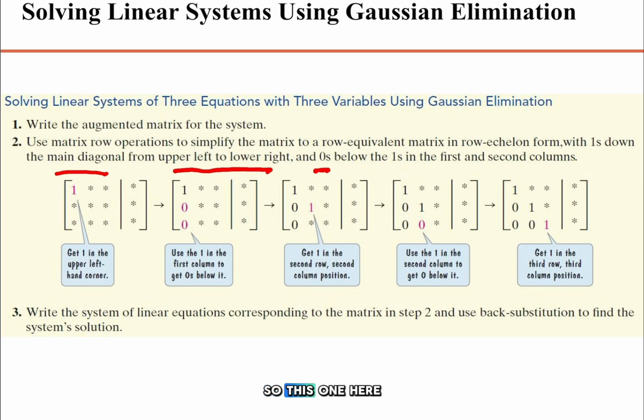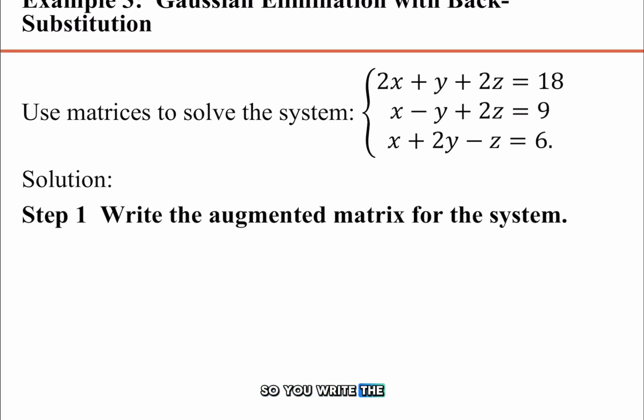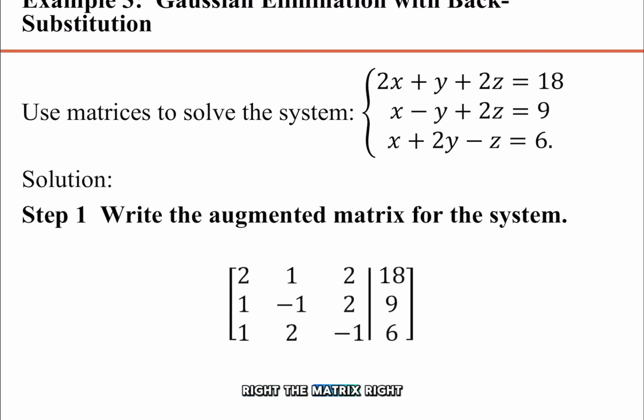Then write the system of linear equations corresponding to the matrix in step 2 and use back substitution. So now we're moving into the place where we are showing you how to solve a system of equations. Solving systems with 3 variables is difficult, so you write the matrix.